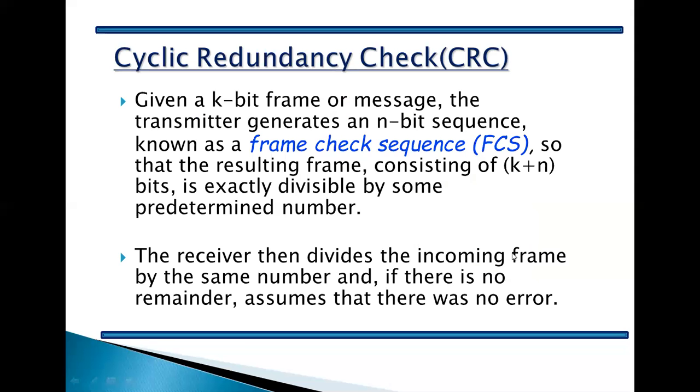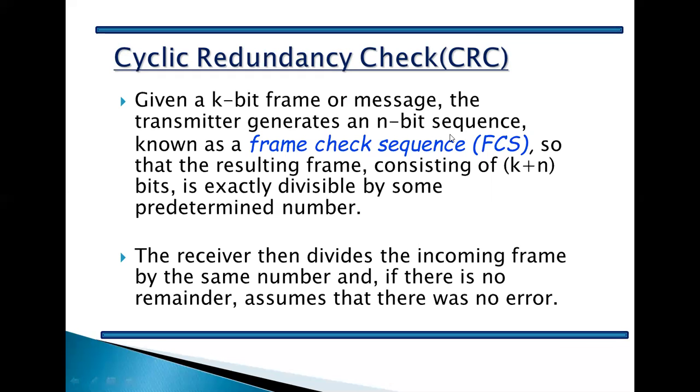Okay, next one, CRC. It is a very important topic in error detection technique. Given a k bits frame or message, the transmitter generates an n bits sequence known as the frame check sequence.